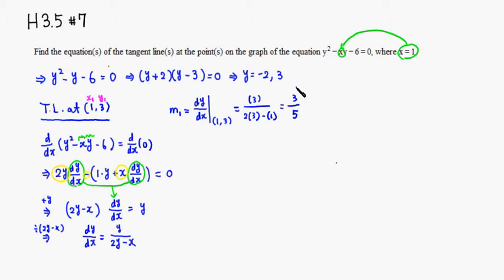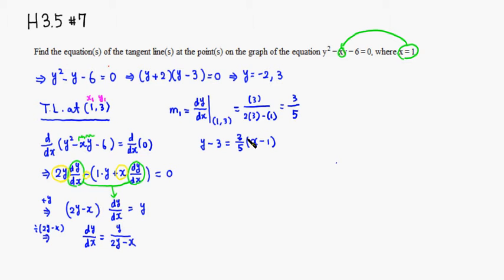The equation of the tangent line is y minus y1, which is 3, equals the slope 3/5 times the quantity x minus x1, which is 1.